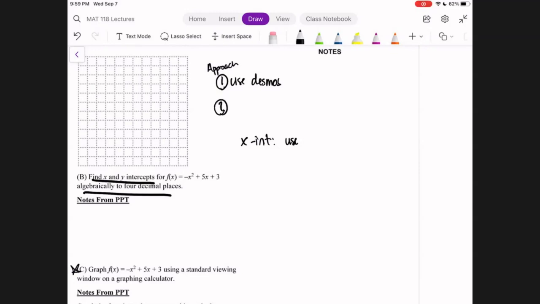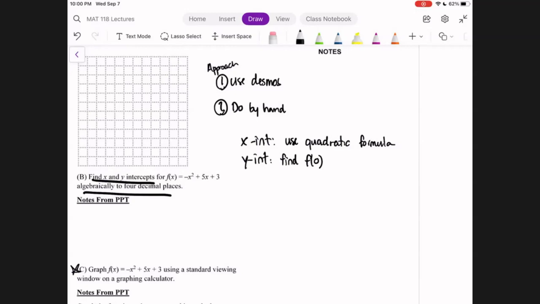The second approach is you do it by hand, which means for the x-intercept, you want to use the quadratic formula. And then for the y-intercept, that is just find f of 0. So that is the y value when x is 0.